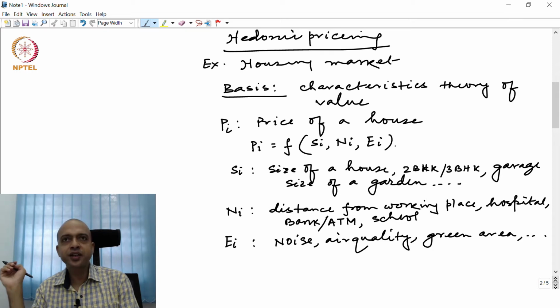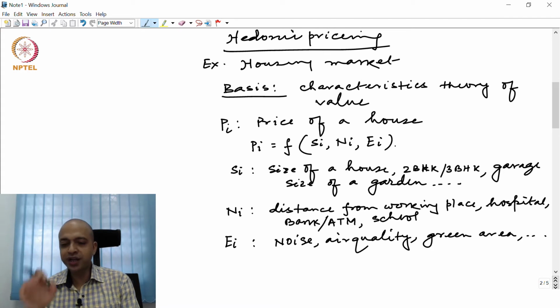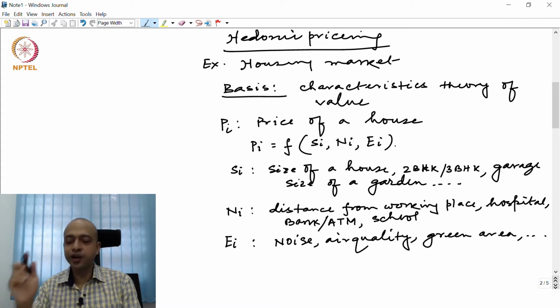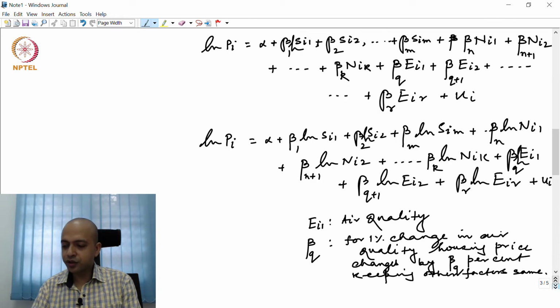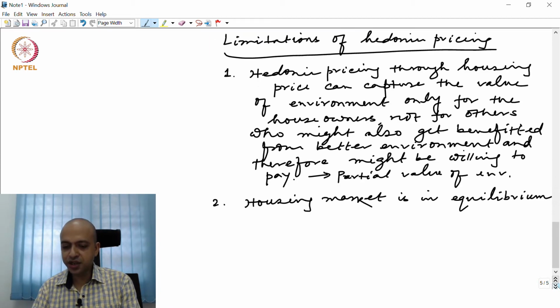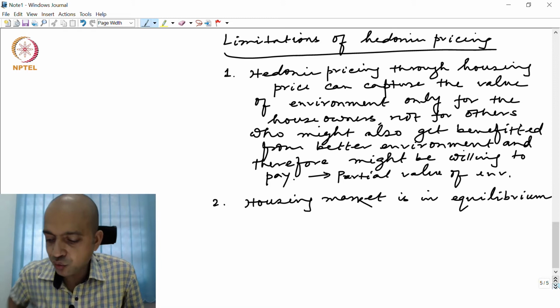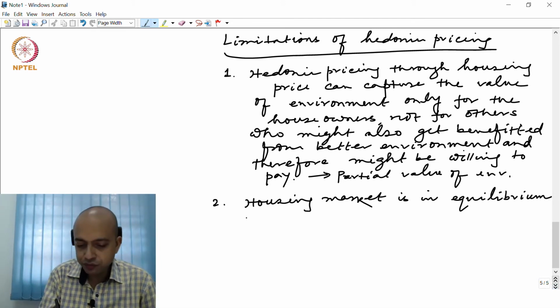But in reality, the housing market may not always be in equilibrium. That is why the price we get is not an equilibrium price. But that is the assumption we make in hedonic pricing. So the second limitation is that the housing market is assumed to be in equilibrium.